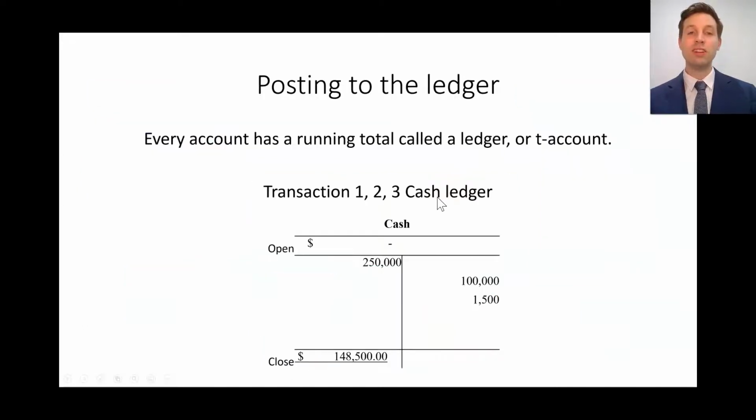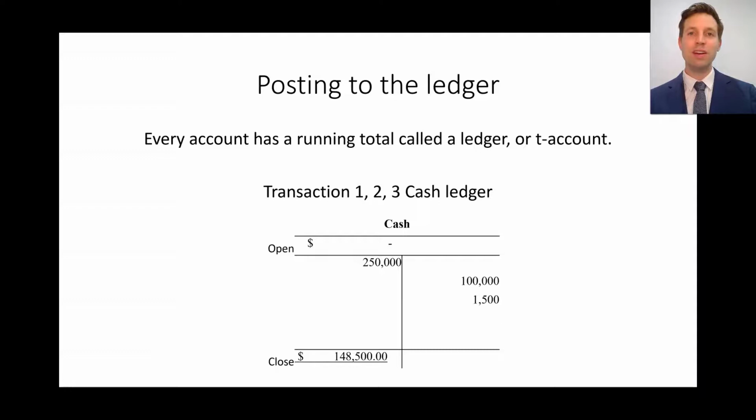Posting to the ledger is really simple. Every account has a running total, and that's called a ledger or a T account. So for the 3 examples we've looked at so far, the cash account, the business started with 0 cash. We then raised $250,000 cash from investors, so our cash went up $250,000. We then spent $100,000 cash buying a building, and $1,500 cash paying an employee.